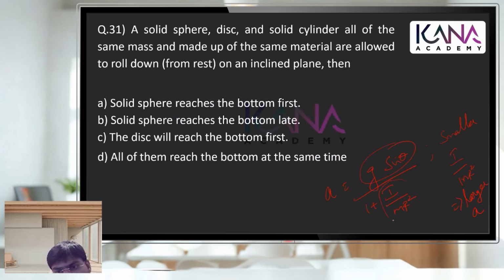It's only this part that determines it. Whichever is smaller, we will have the larger a value. So if you compare the solid disc, solid sphere, and solid cylinder, it is the solid sphere that leads. So the solid sphere reaches the bottom first.